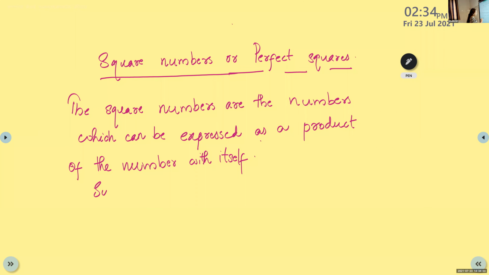Such numbers like 1, 4, 9, 16, etc. are known as perfect squares.